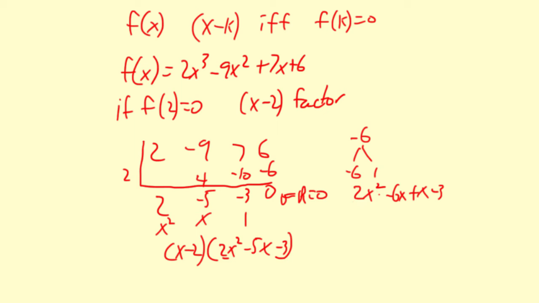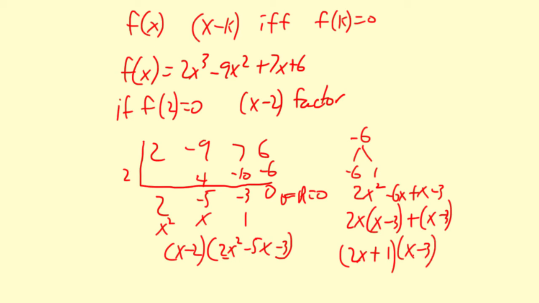So what's in common? 2x squared and -6x. The 2x is in common, that leaves x minus 3. And then plus, and then I have kind of an invisible 1 factor here, and then x minus 3. So then to group, you have 2x, and then plus the invisible 1, plus 1, and then x minus 3.